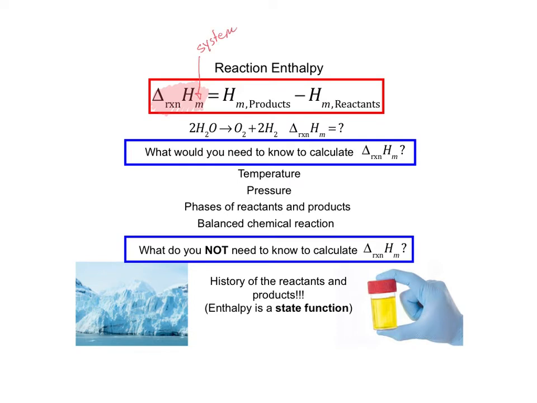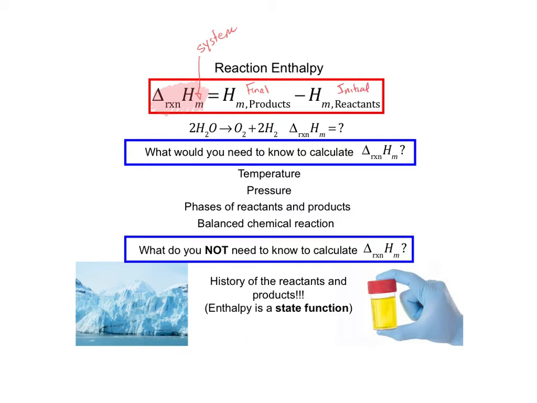And so because we're working with a delta, we can think of this as equal to the enthalpy of the products within the system minus the enthalpy of the reactants. So we're really talking about the final state minus the initial state.